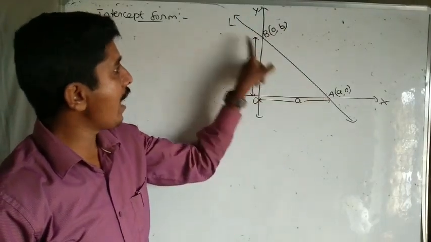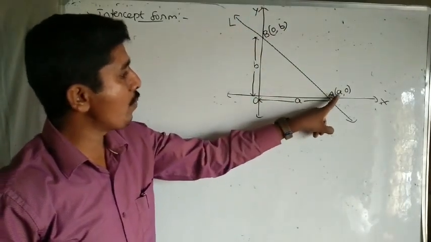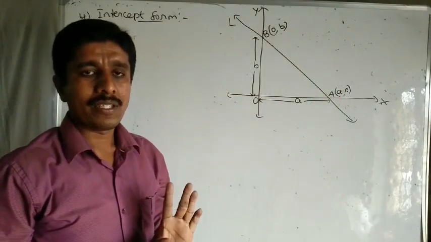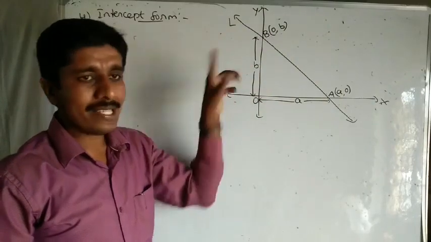So clearly this line is passing through two points, a comma 0 and 0 comma b. Mind it. We have to find the equation of this line in intercept form.